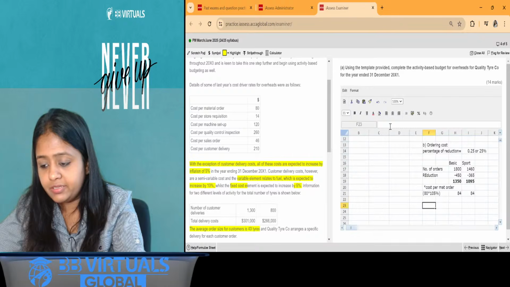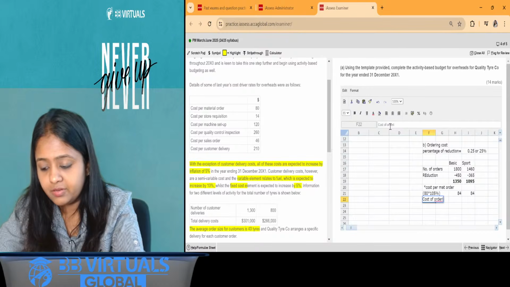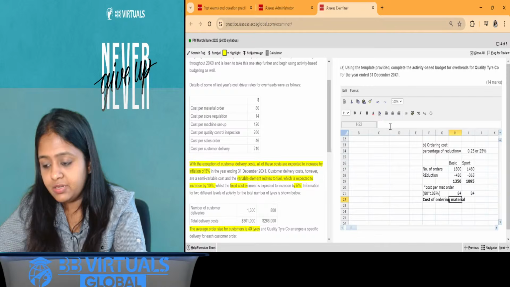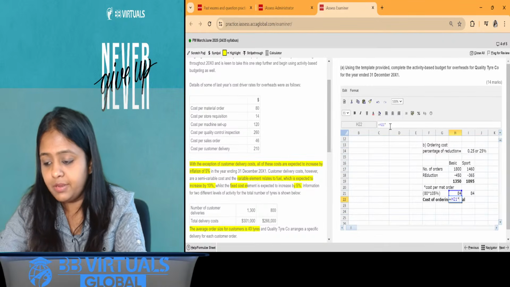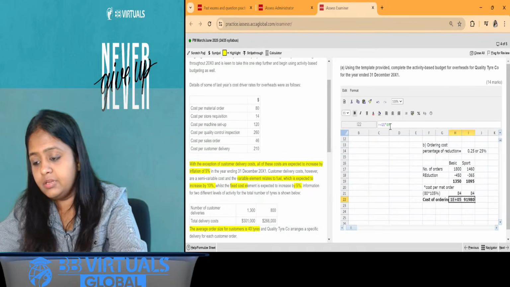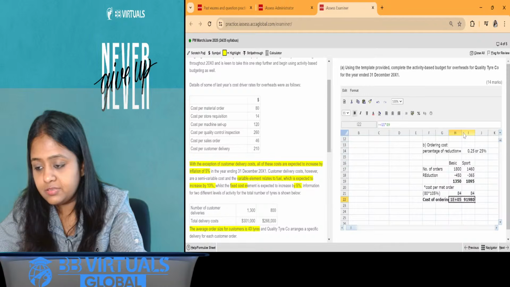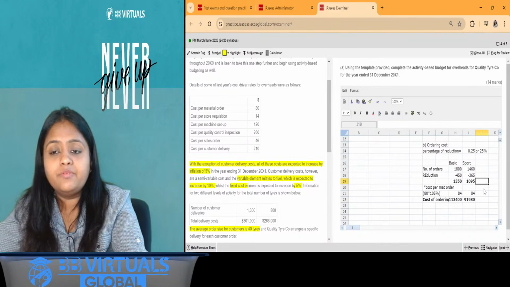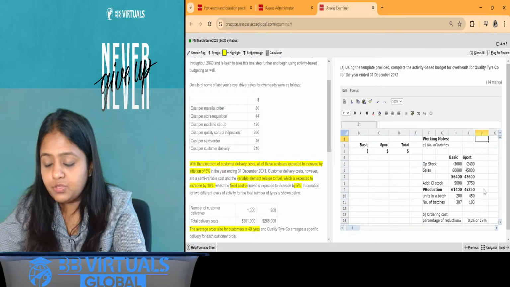Now you multiply it and you get your cost of ordering material. So cost of ordering material will be this multiplied by the number of orders. Done. You can just extend this. Then we're done with B also. But I will link it here.